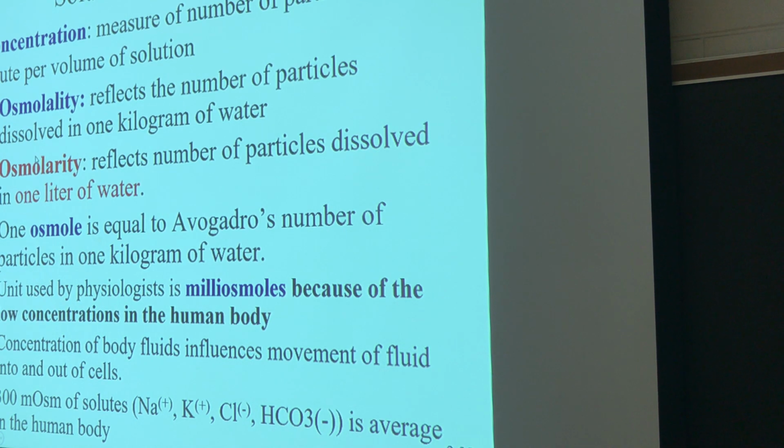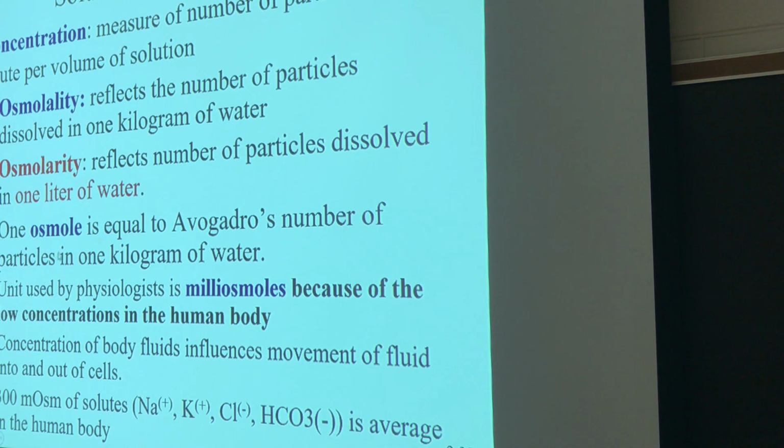But if we're in the field, on the wards, you don't have time to be weighing every bag, especially when they give you the unit right on the bag. So we use osmolarity because they already gave you that 1 liter, the amount of solutes per liter, and it's written right on the bag.